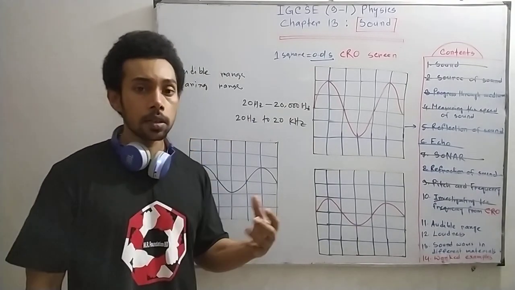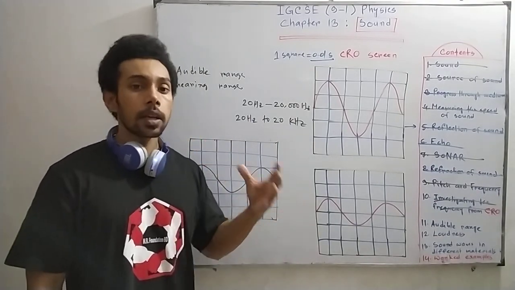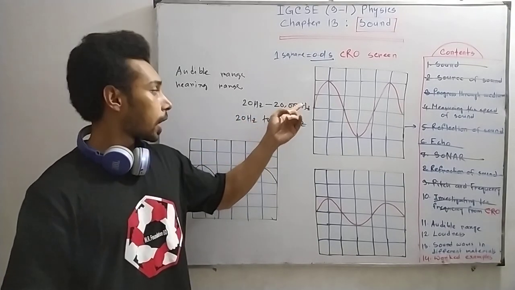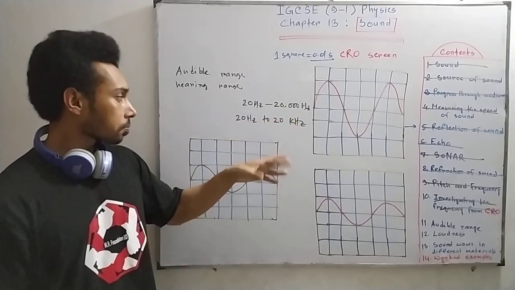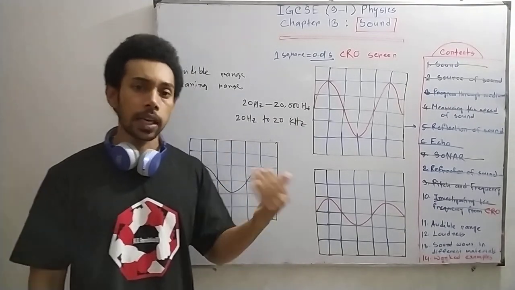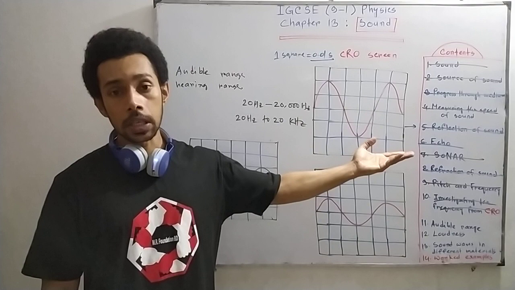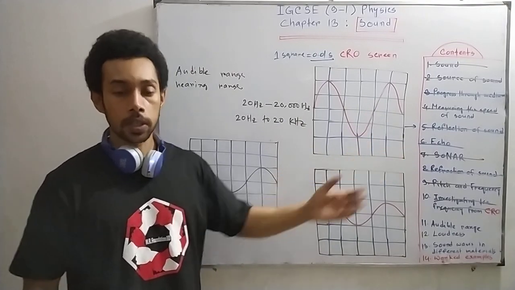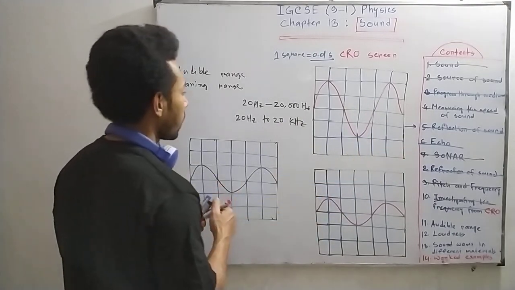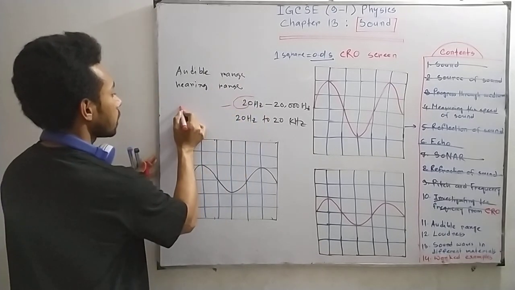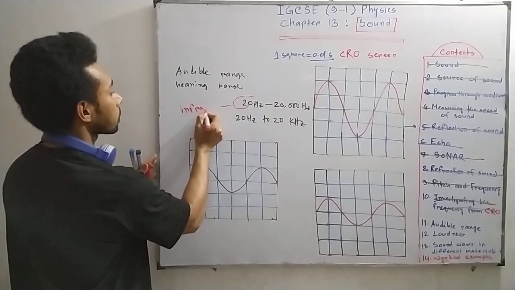You can hear sounds that have frequency from 20 hertz to 20,000 hertz or 20 kilohertz, but you cannot hear any sound that has a frequency below 20 hertz or above 20,000 hertz. Sound waves having frequency below 20 hertz are called infrasounds.